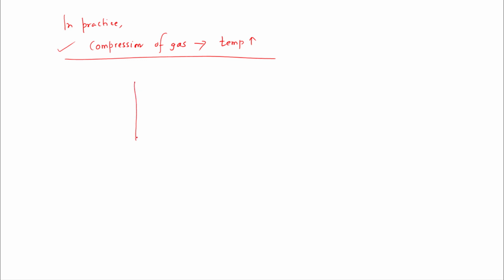So let us consider we have a closed container, a sealed one, and inside the sealed container a certain amount of gas is present. The volume of the gas is V1 and it has pressure P1. This container also has an element which is radiating heat, a heating element basically.